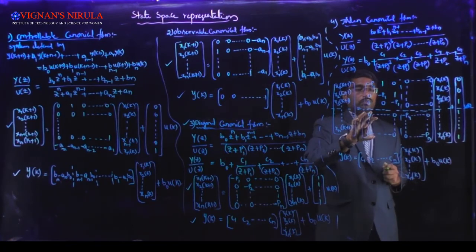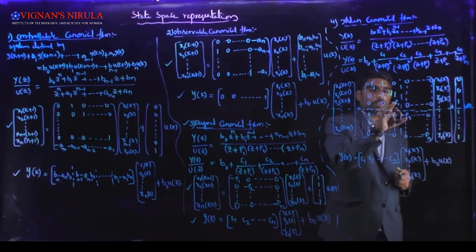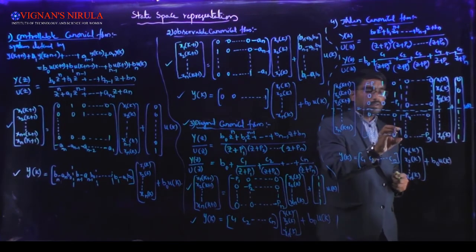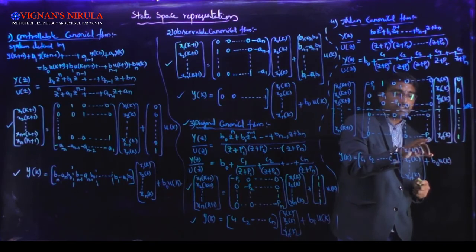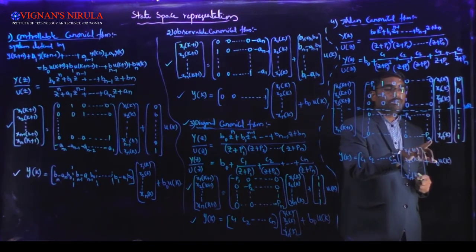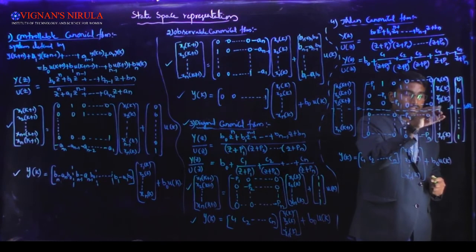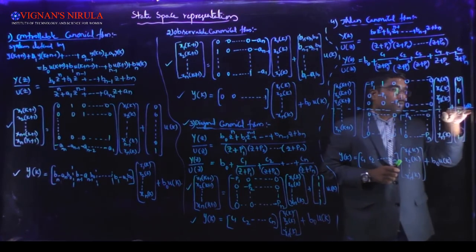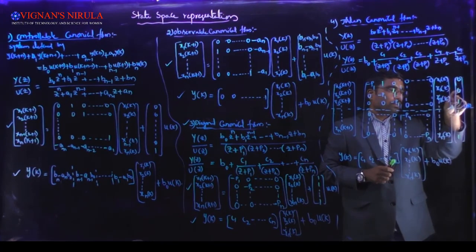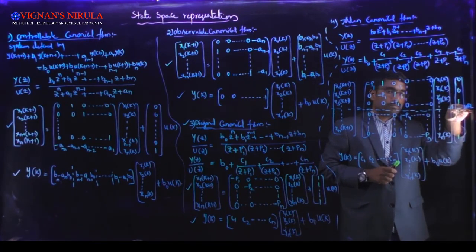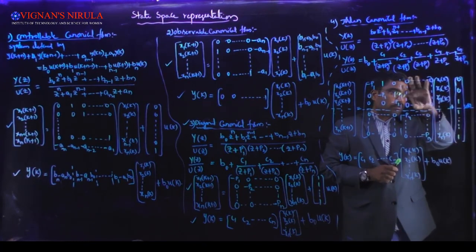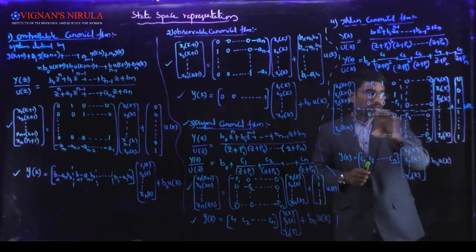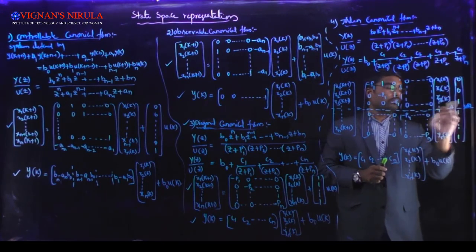The remaining values will be zeros followed by minus p4 and so on, and the last element in the diagonal becomes minus pn, into x4 of k and so on up to xn of k. The input part is 1 for the last element of the first block and all values 1, 1, 1, 1 and so on, into u of k.